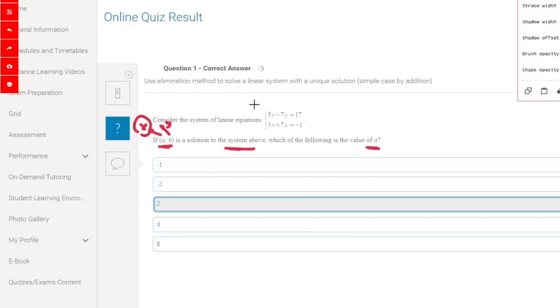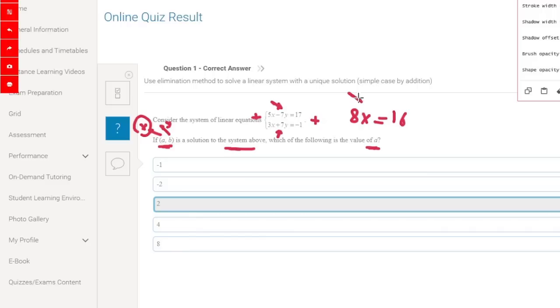So all we need to do is eliminate x or y. If we have a look here, we have minus 7y and plus 7y. So if we add these two linear equations, we get 5x plus 3x, which is 8x, minus 7y plus 7y, which is 0, and 17 plus minus 1 will be equal to 16.